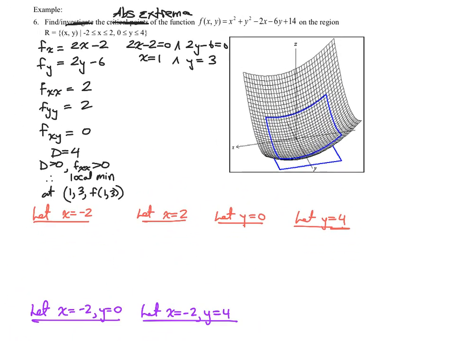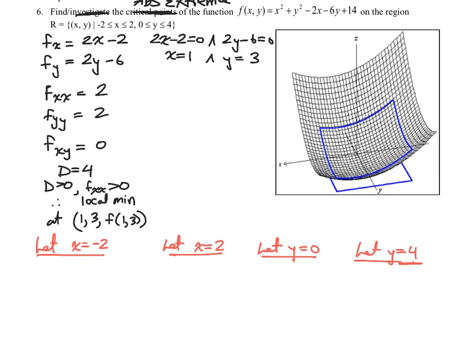So I'm going to let x equal -2 in my function and keep y variable. So that's going to give me f of y, new function f of y. So that's going to become a 4. If I plug in a -2 here, that's also going to become a 4.